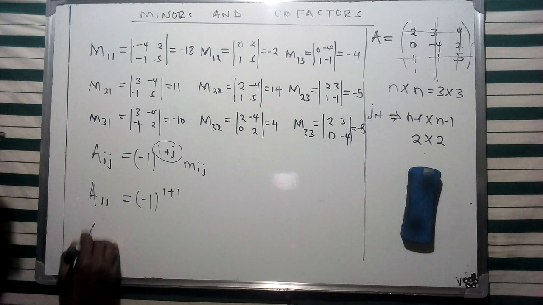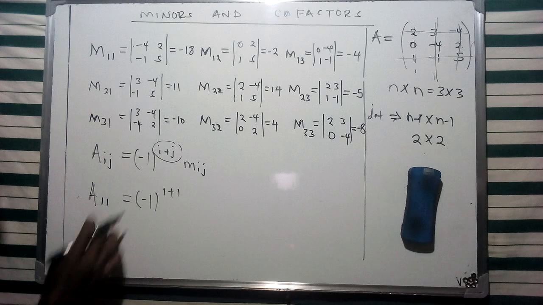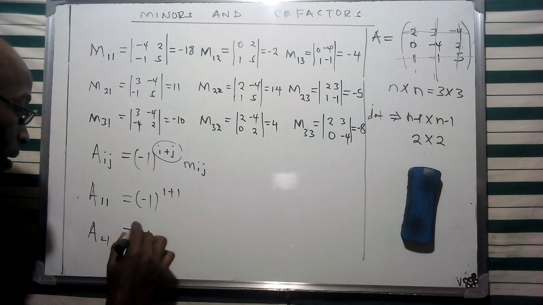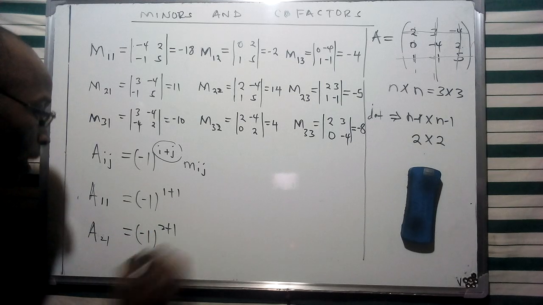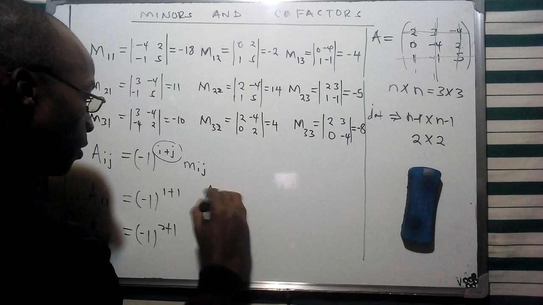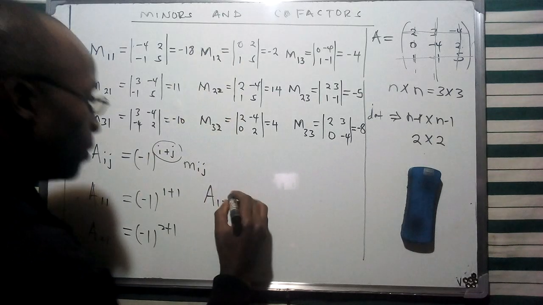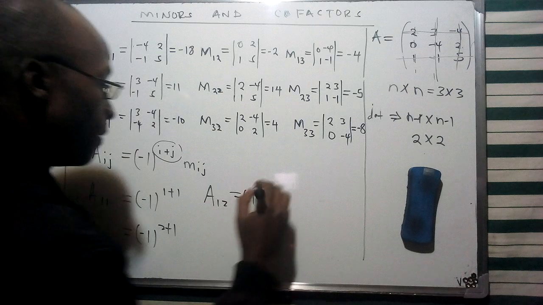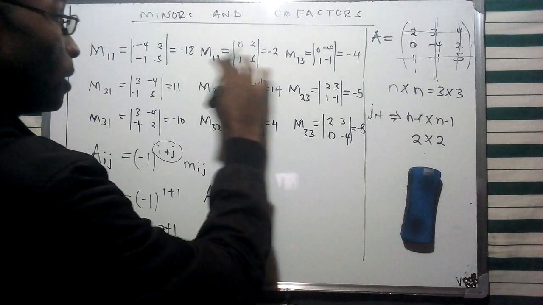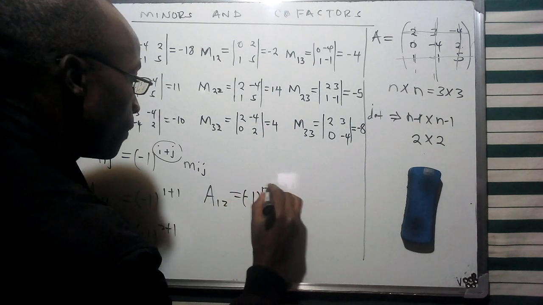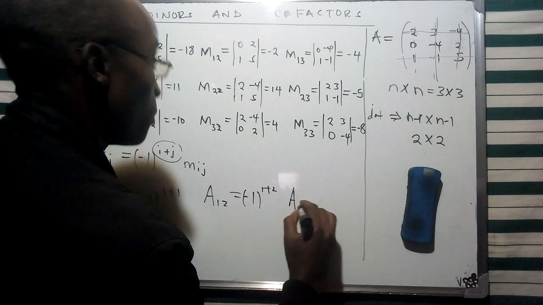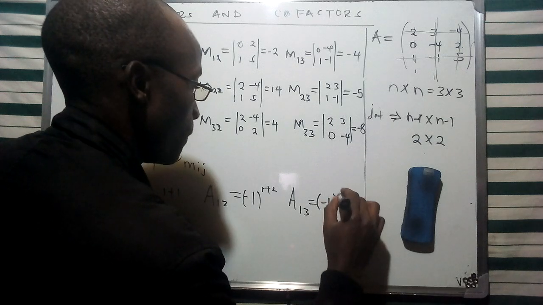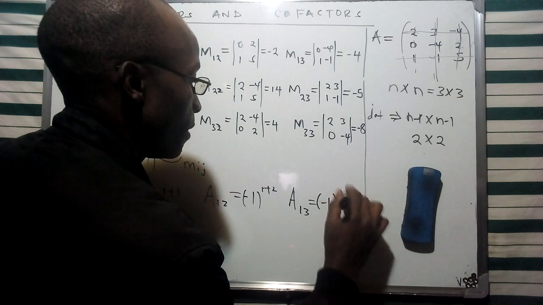Then the cofactor for 2, 1 is going to be negative 1 raised to power 2 plus 1. Then for 1, 2, negative 1 raised to power 1 plus 2. And then the last one, 1, 3, is negative 1 raised to power 1 plus 3.